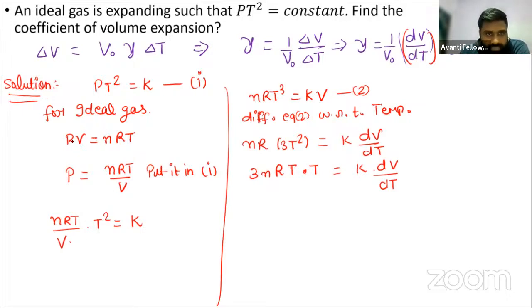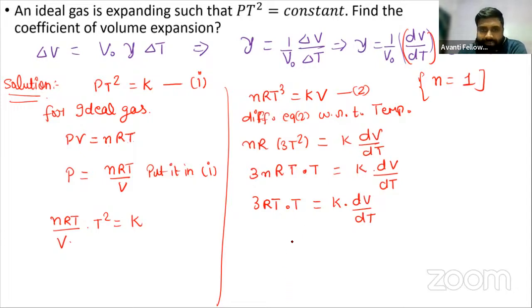The initial volume V can be replaced using PV equals nRT. And n you can take as 1 because this is for 1 mole of gas. So it will become 3RT into T equals K dV by dT. So this will become 3RT into T by K equals dV by dT.